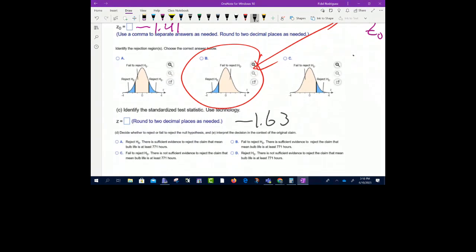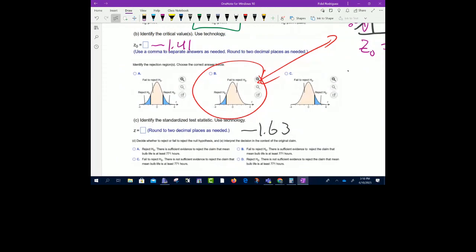Okay, I want to show you guys something, y'all. The number that we came up with here, negative 1.41. Okay, the first time we did this, we got negative 1.41. My question to you, negative 1.63 compared to negative 1.41, is negative 1.63 to the left or to the right of 1.41?